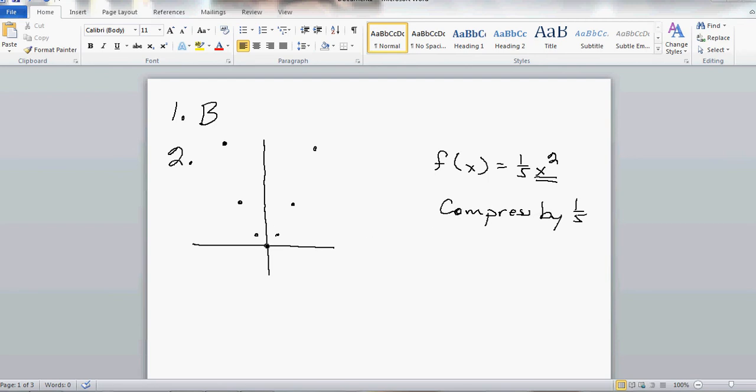So 0 is going to remain 0, but 1 becomes 1/5, 4 becomes 4/5, and 9 becomes 9/5. So this parabola becomes extremely flat, even almost to the point where it looks like absolute value. But we have to remember that this is a parabola. It's just a very flattened out parabola.